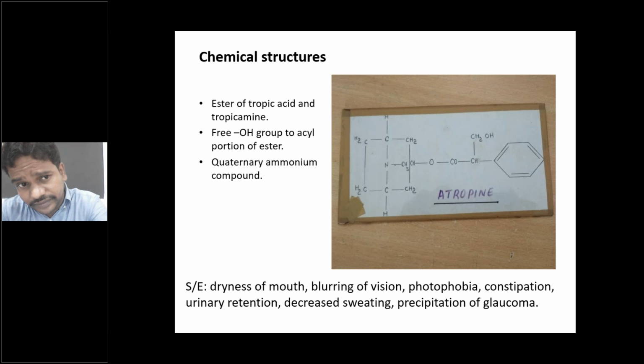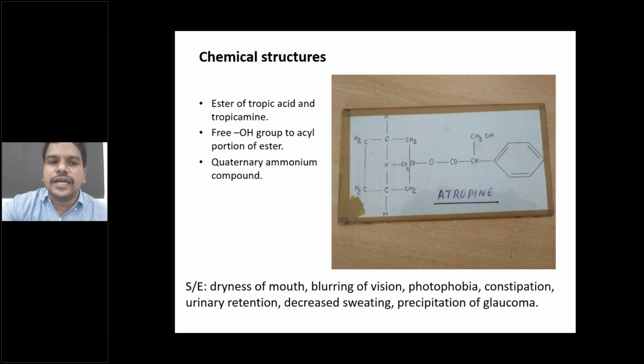First chemical structure is atropine. Write this matter in your records. Ester of tropic acid and tropamine. Free OH group on the acyl portion of the ester.